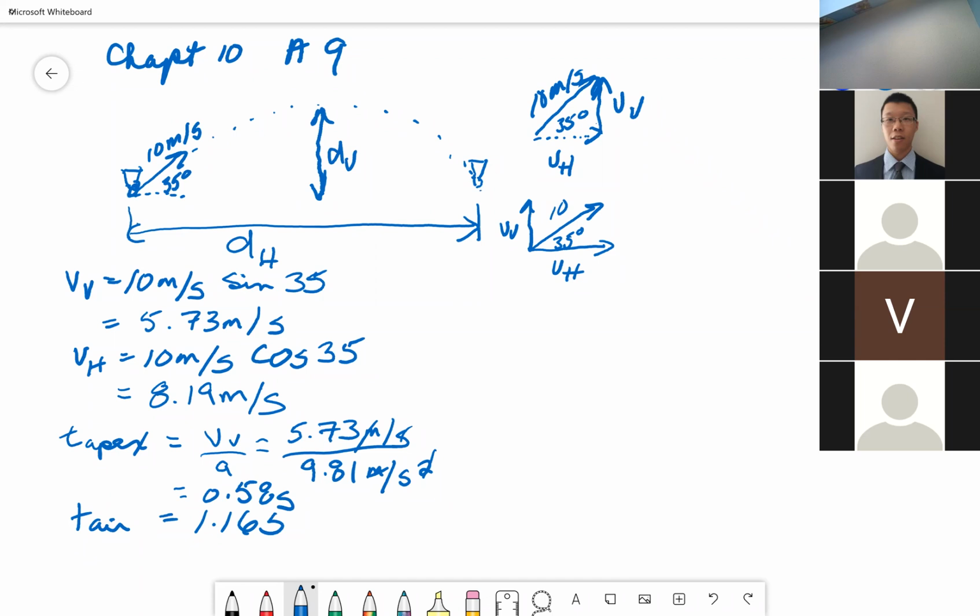And the reason we can go with that is because it's a symmetrical movement, projectile motion. And as long as the takeoff height and landing height are the same, then the time in the air will be 2 times the time to the apex.